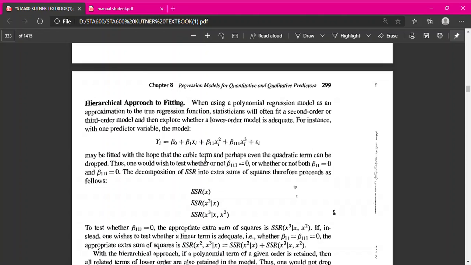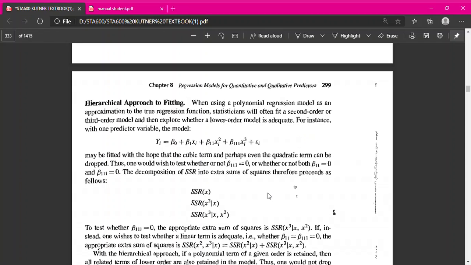So maksudnya kat sini, when using the polynomial regression model as an approximation to the true regression function, statistician will often fit a second order or third order model and then explore whether a lower order model is adequate. So kita nak tahu which model, ataupun the lower order ataupun the higher order, is more appropriate model for the data set.